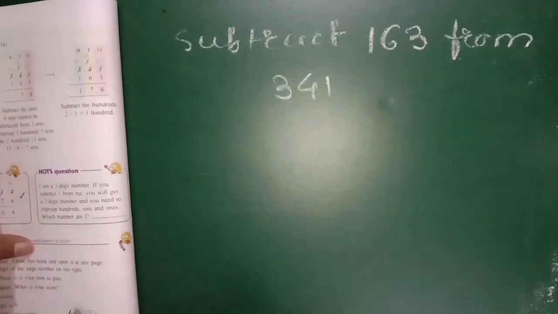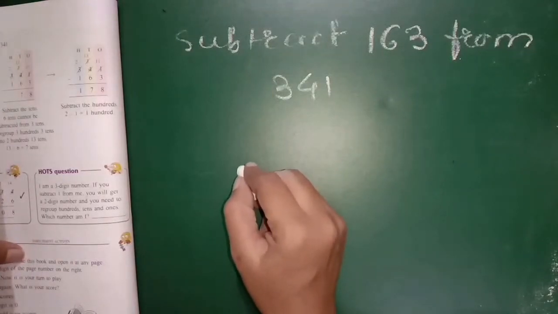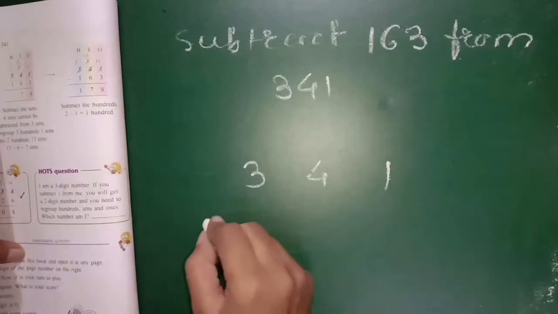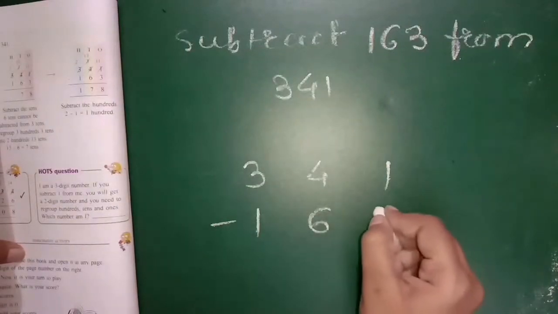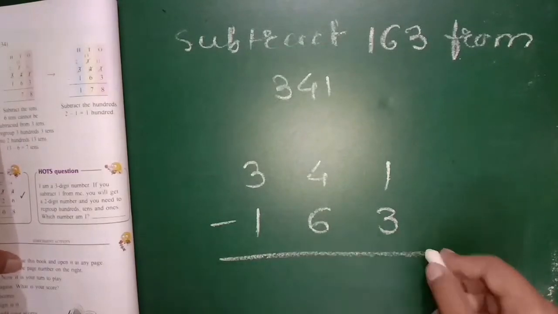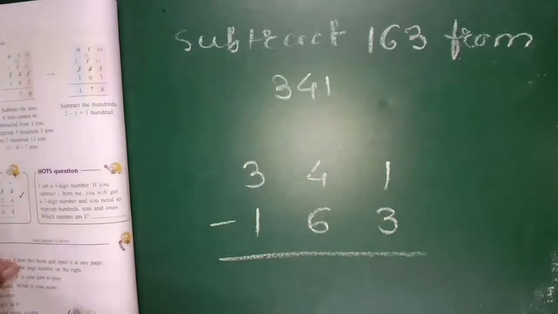Students, write these numbers. 341 minus 163. Okay. Students, first of all solve ones place.